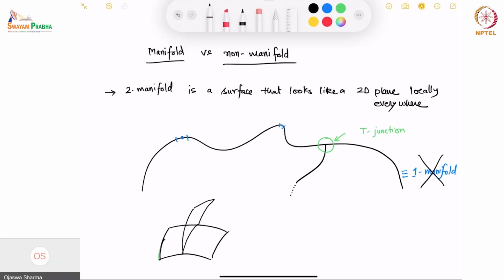So you have this surface, okay, and it is here that you would notice that at all the points at that edge, it's like a T locally, right? An extruded T, and that makes it a non-manifold.